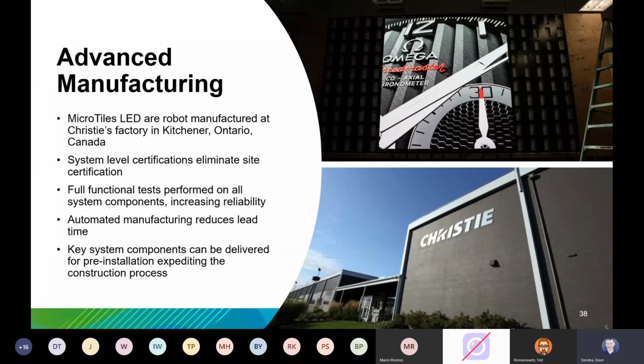And then a number of the system components can be pre-delivered so that you can expedite the installation process based on your construction schedule. The top right picture is actually a picture in the engineering lab where they're testing a 4K wall. There's actually just two HD walls stacked, and they're just assembling it and testing it. But you can see there the fine detail and super contrast that MicroTiles LED does offer.